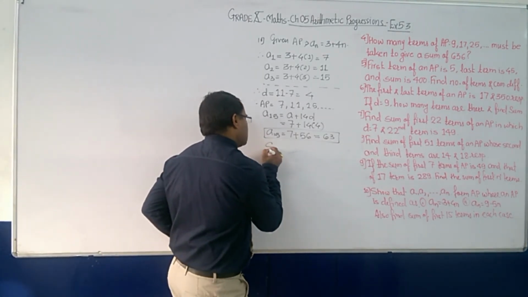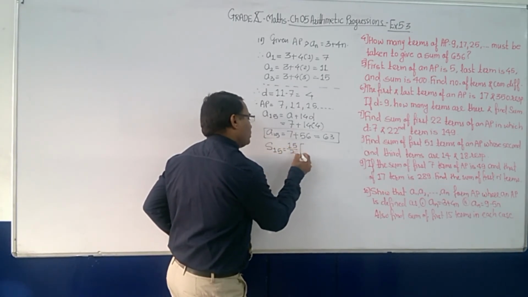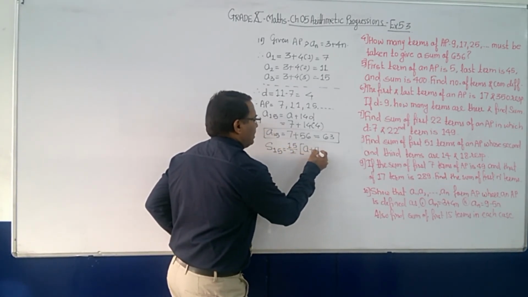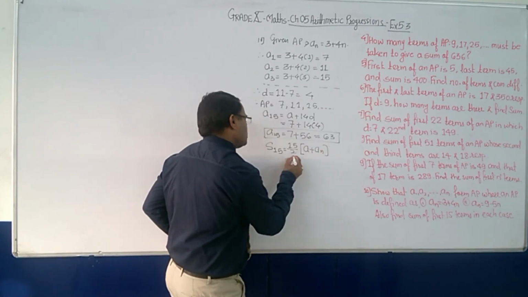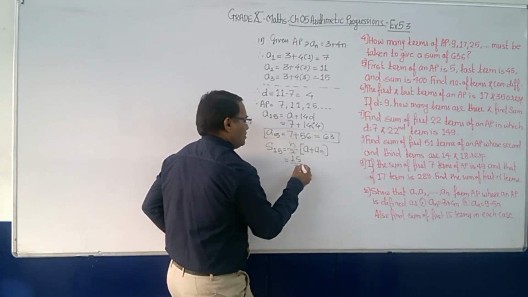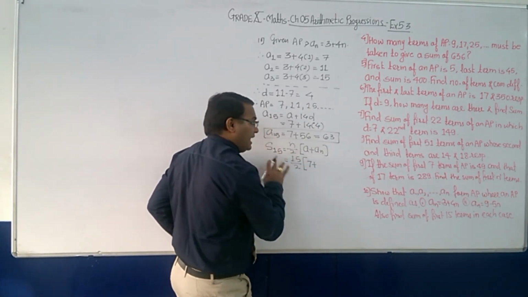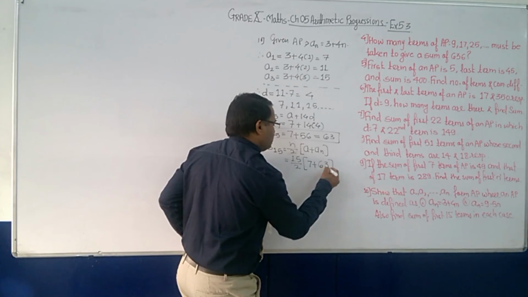So now S15 is equal to 15 upon 2 into a plus an. Again, 15 by 2, or here you can use n also. So what is your a? 7. And what is your an? That is the 15th term, 63.